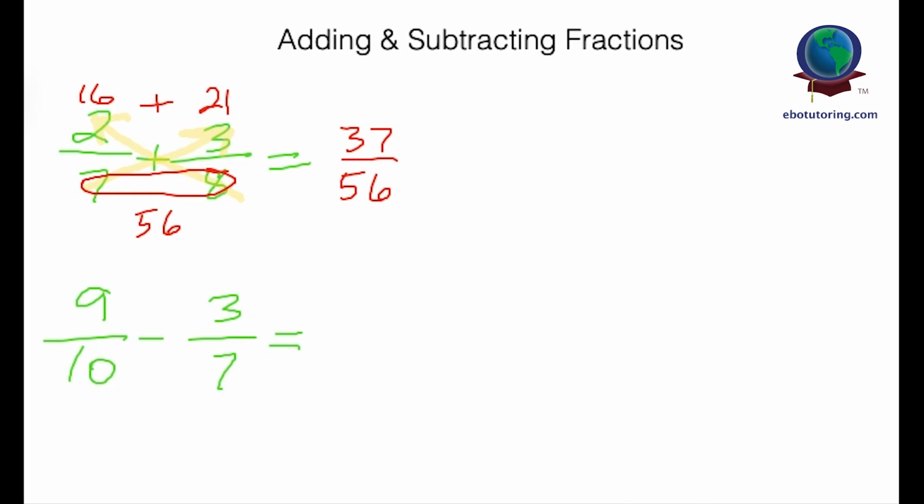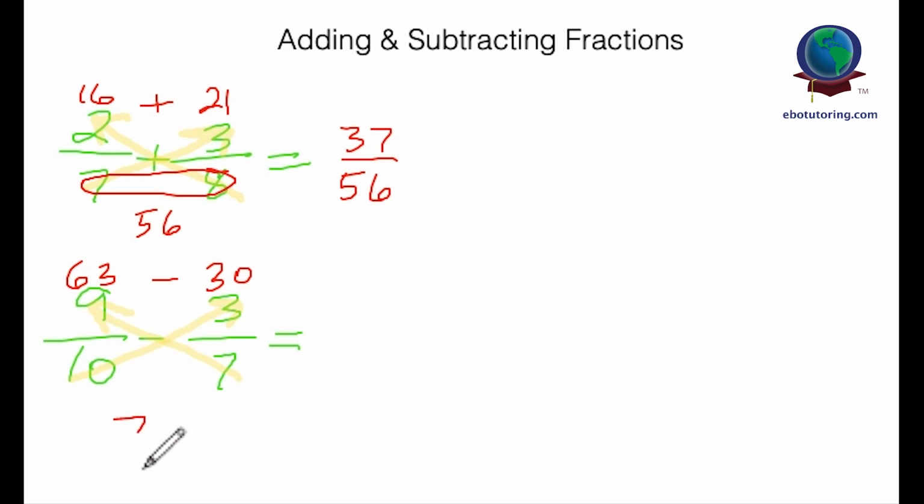Okay, let's do subtraction at the bottom now since the top is done. Here we go. So we do 10 times 3, and we do 9 times 7. Let's see what that gives us. 10 times 3, of course, is 30. And 9 times 7 is 63. I'll put the minus sign because this is a minus problem.